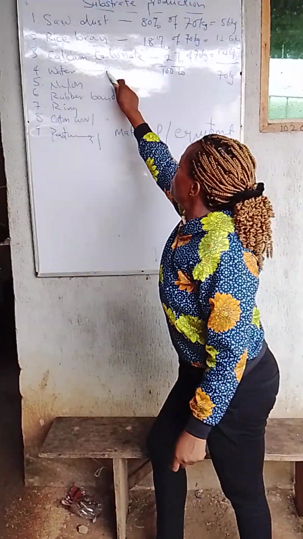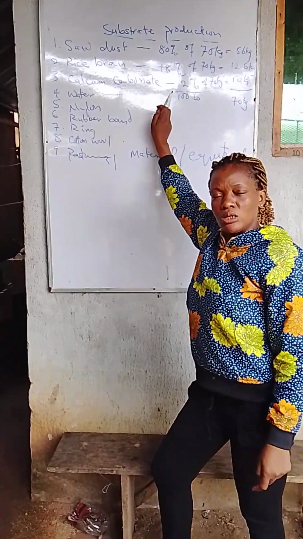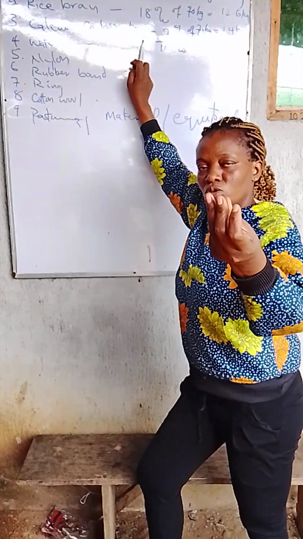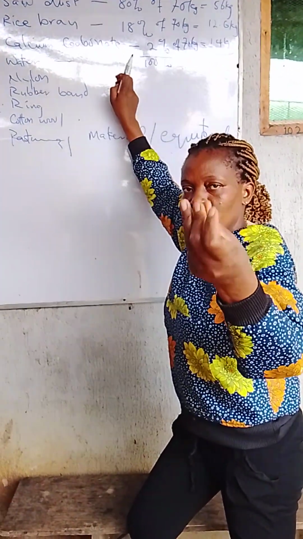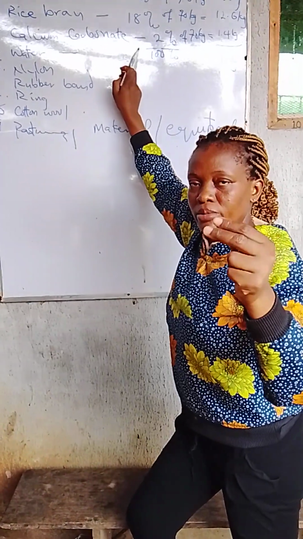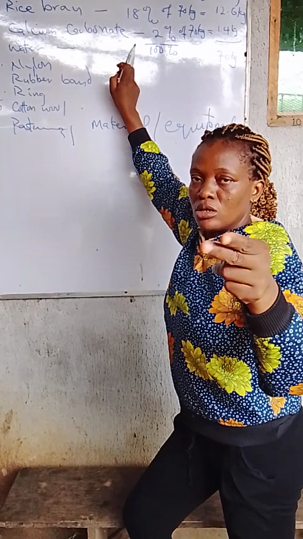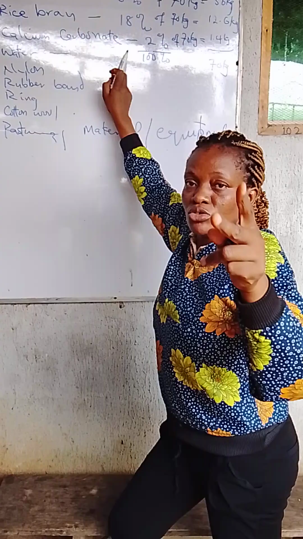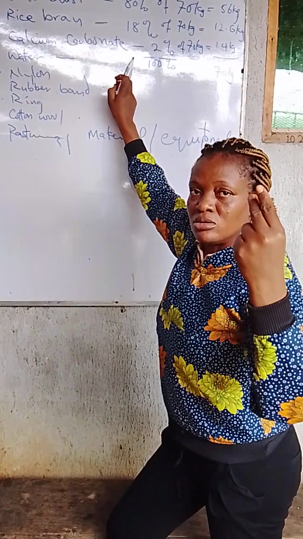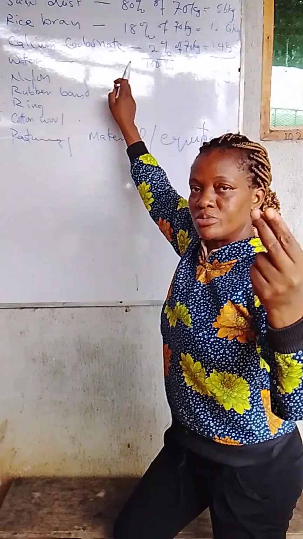This water, why we didn't put it is because it varies. It depends on the quality of your raw materials, especially sawdust and rice bran, because sometimes the weather might be cold. It might be during the rainy season. The sawdust and rice bran might contain more water than in the dry season, so the water varies.